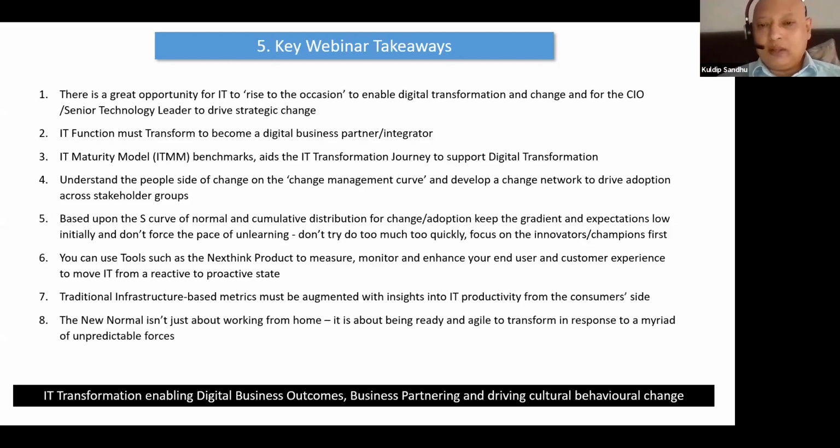It's about being ready and being agile and being resilient for the future, because there are many forces still to come, be it financial, be it wave 2, COVID-20, whatever, we need to become resilient. And I think IT needs to continue to move on that transformation journey, driving business outcomes, business partnering, and bringing around that cultural change.